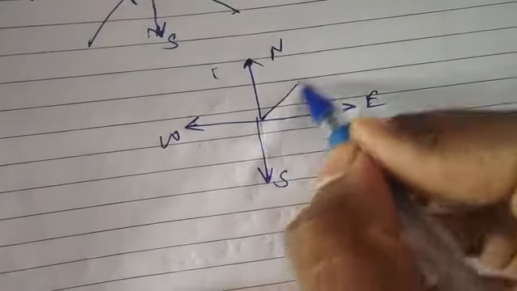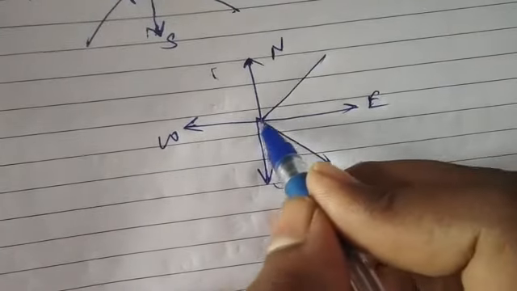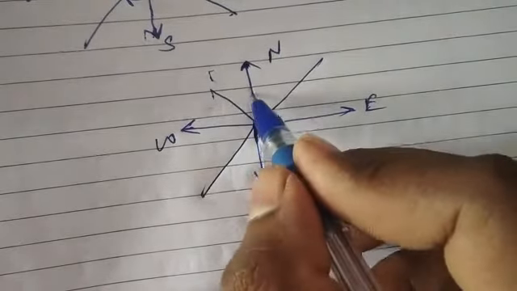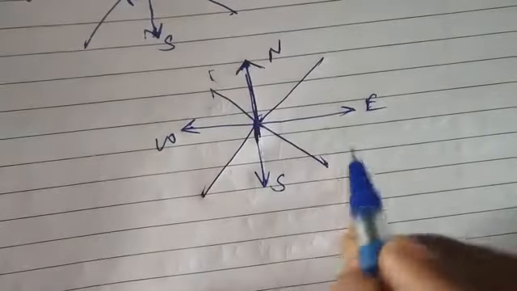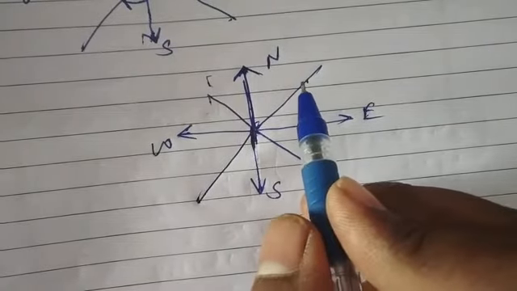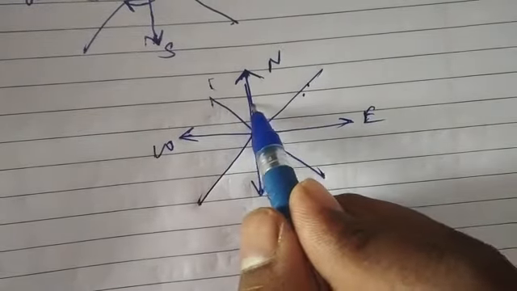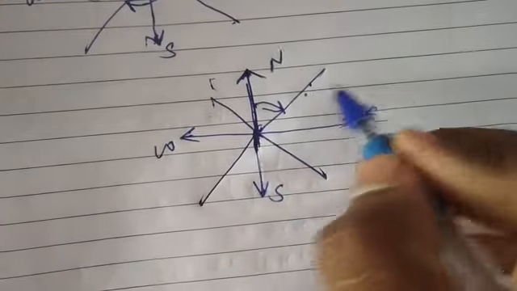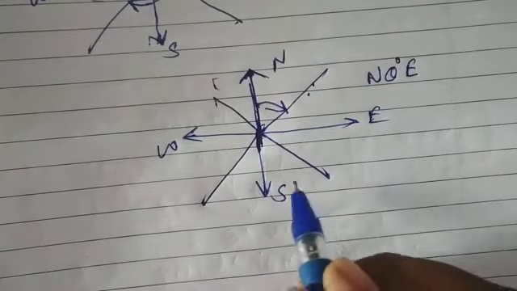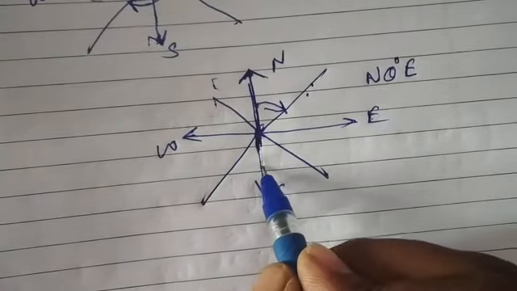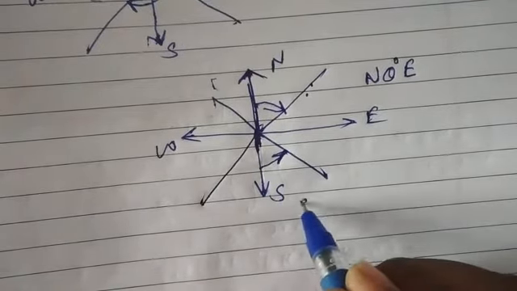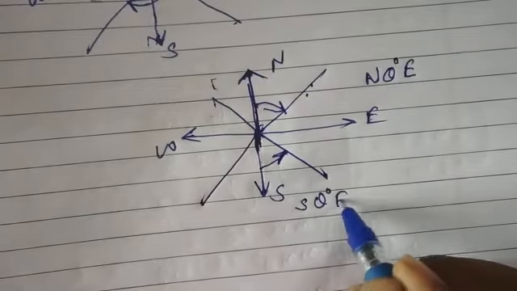Now if we take the same lines, one in each quadrant, and we want to find the quadrantal bearing for this line, then we'll measure this bearing and denote it as north theta degree east. Whereas for this line the quadrantal bearing will be this angular distance and will be represented as south theta degree east.